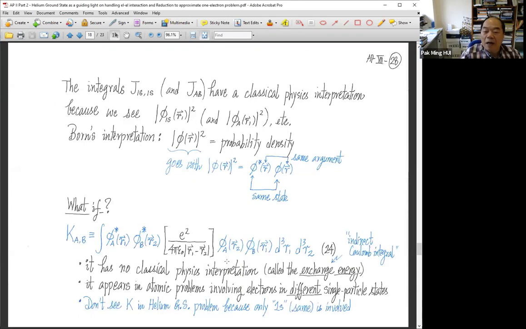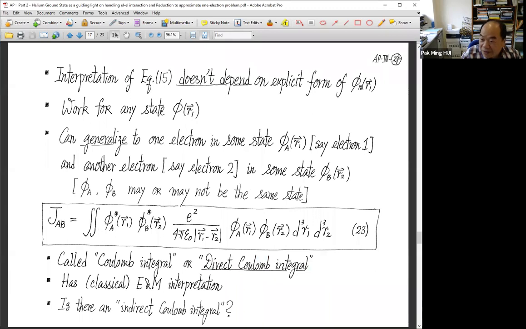So now I show you what is the indirect Coulomb term. Right? So let's look at the direct term one more time. The reason that we have a classical E&M interpretation is that one electron, say at R1, represented by where it is, R1.